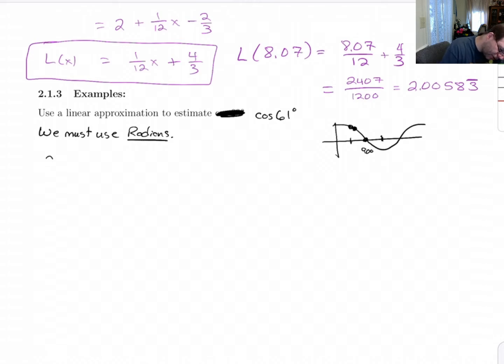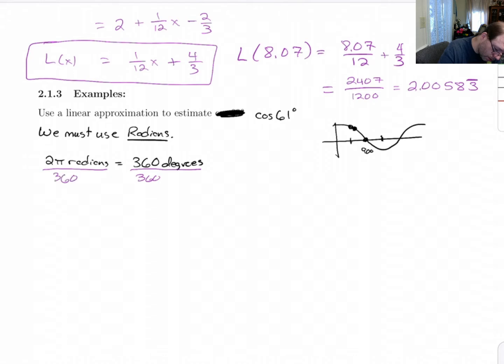One full trip around the circle is 2 pi radians, and that's 360 degrees. So I'm going to divide both sides of this by 360 and get 1 degree is equal to pi over 180 radians.